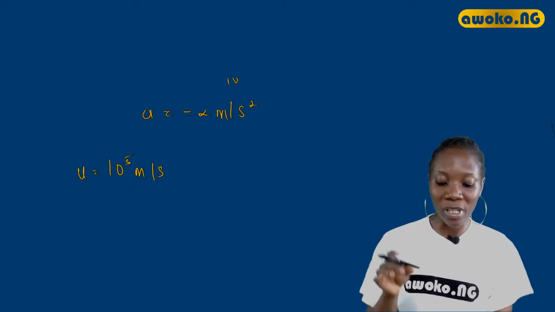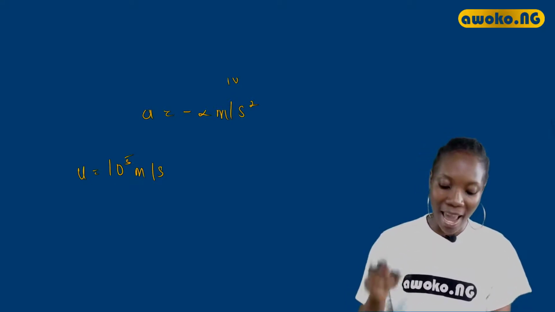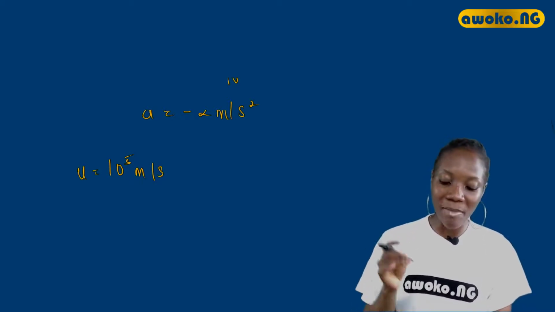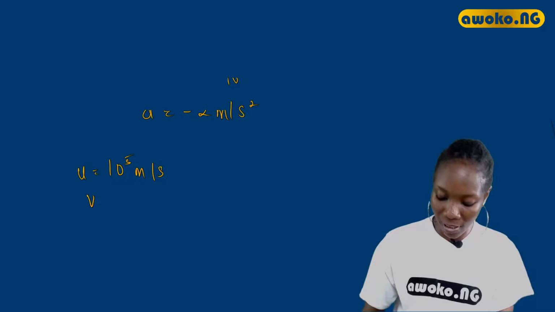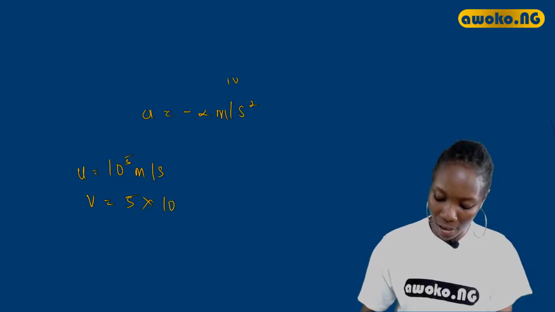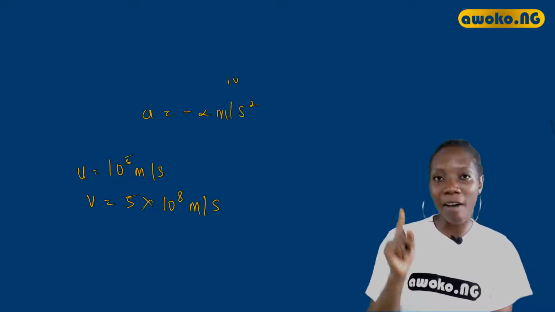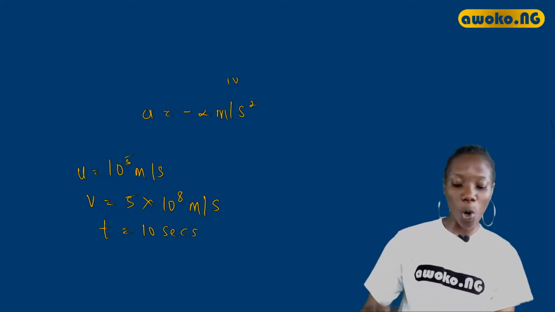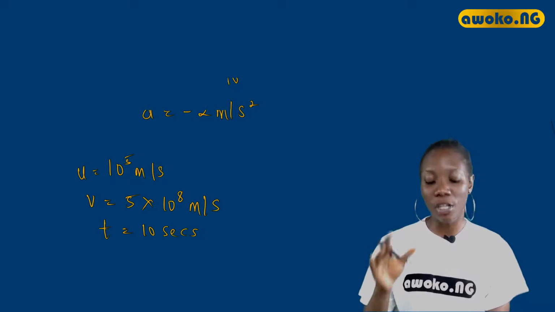Now, a proton with this initial velocity enters an accelerating region and emerges with a final velocity v, which is equal to 5 times 10 raised to the power of 8 meters per second after 10 seconds. That's time equals 10 seconds. How long is the accelerating region?